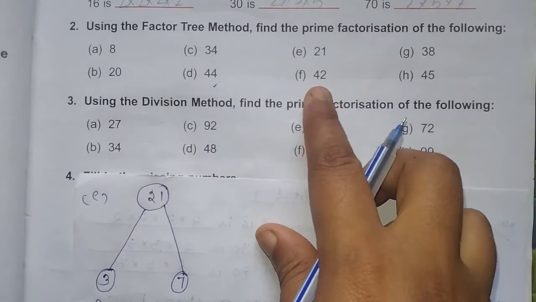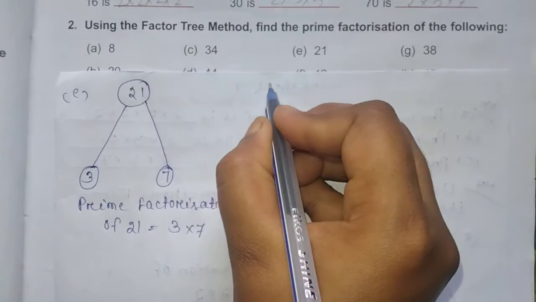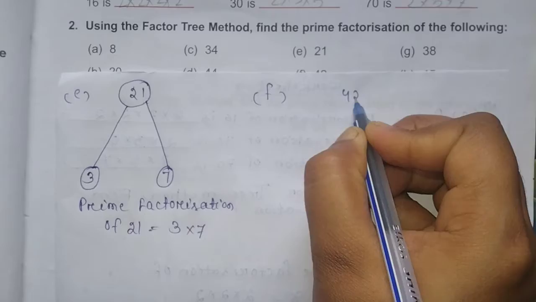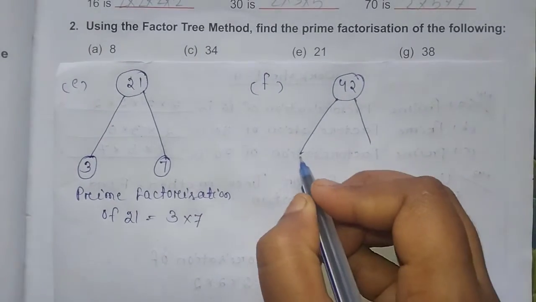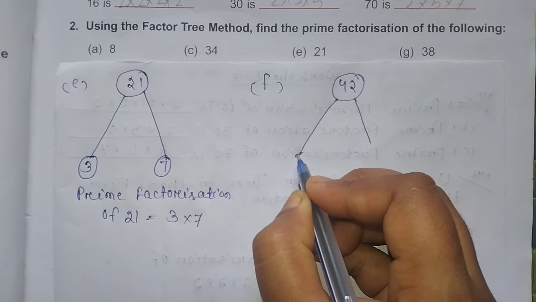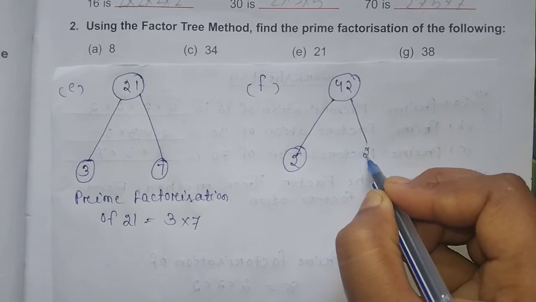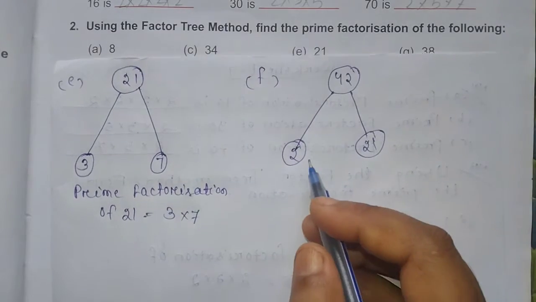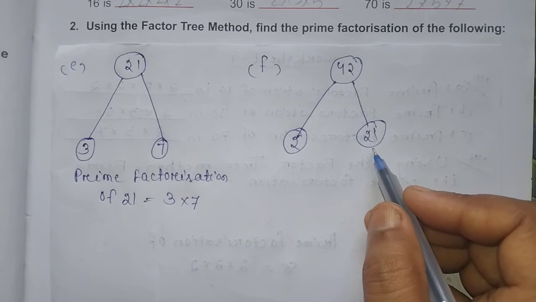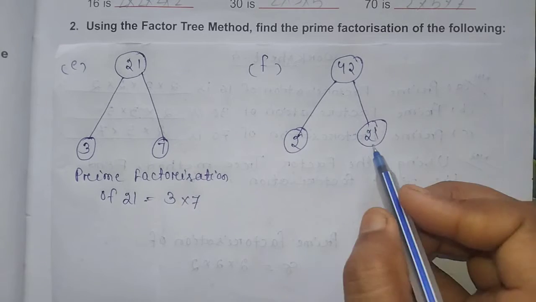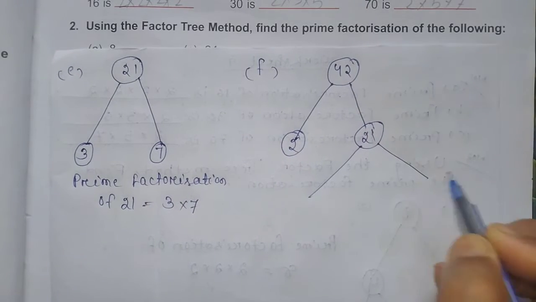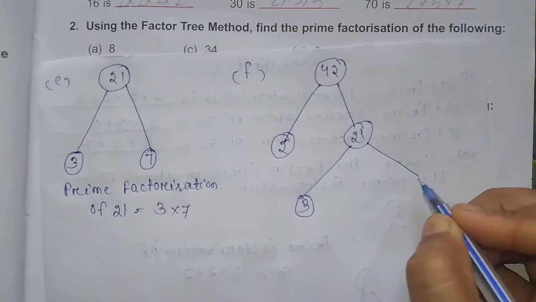Then F, 42. 21 times 2 is 42. So here 2 is a prime number, 21 is a composite number. We can again break 21 into 2 prime factors. 3 times 7 is 21.